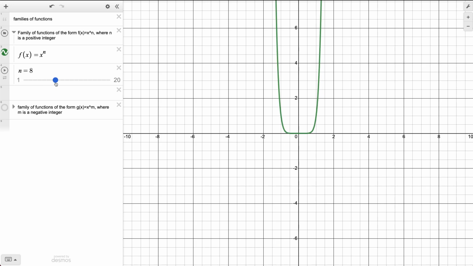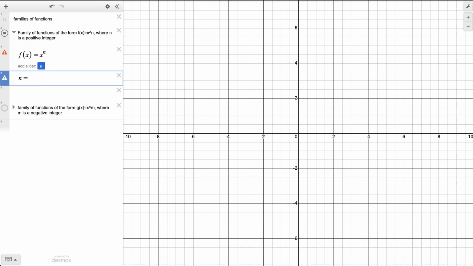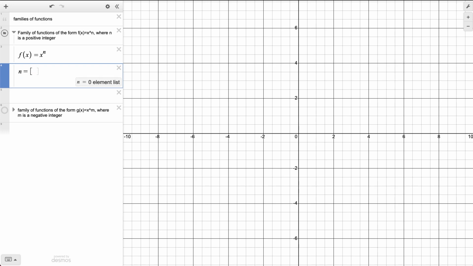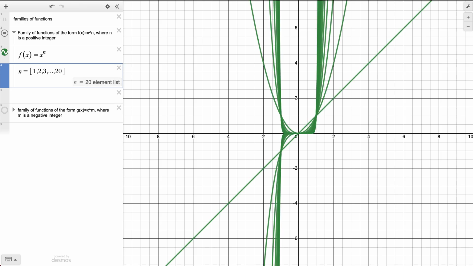And so another way to represent this family of functions is to define n to be a list. And in Desmos, they use square brackets to make a list. So I'm just going to choose some representatives and choose n equals 1, 2, 3, and I can go to 20, for example.